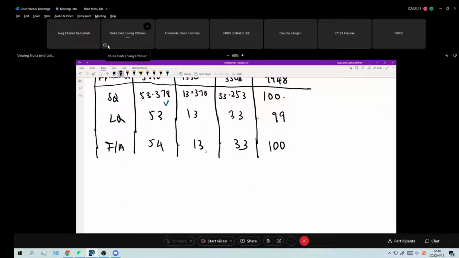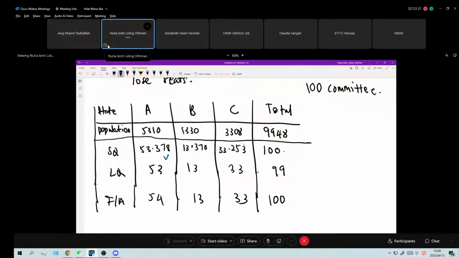So what happened to this small city? Originally they had 3 districts. They add another district, which is D. This is the total for all, and we total up again with another district D, which is only 500.